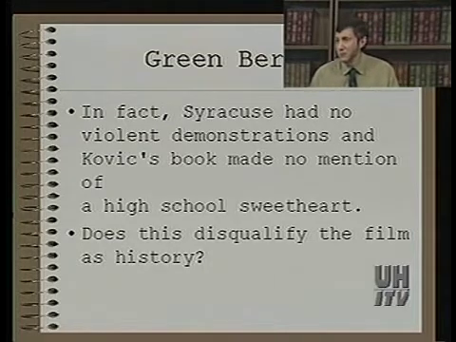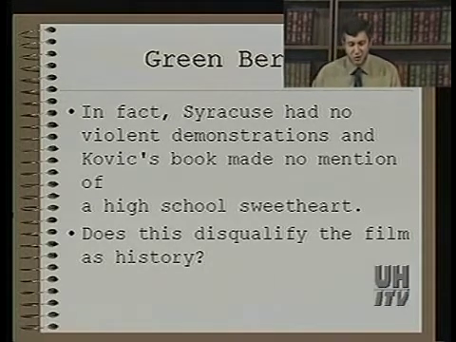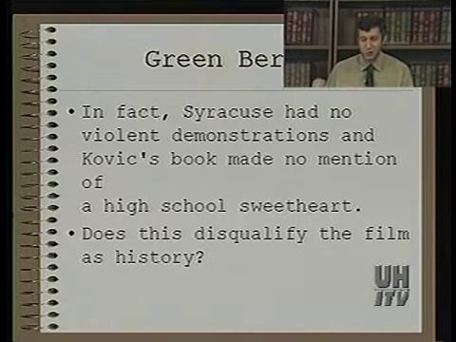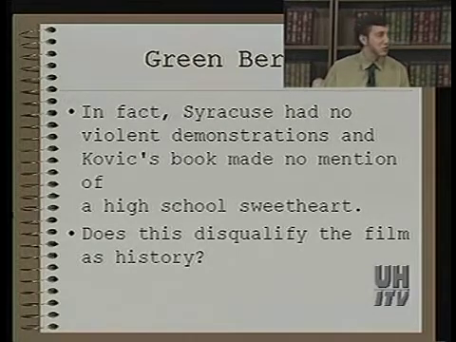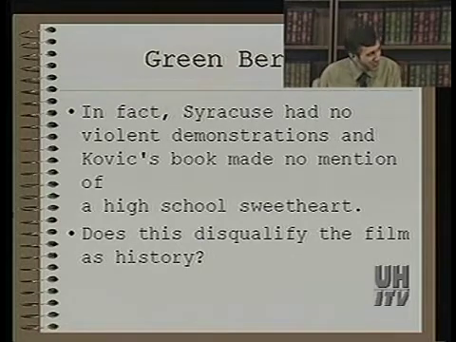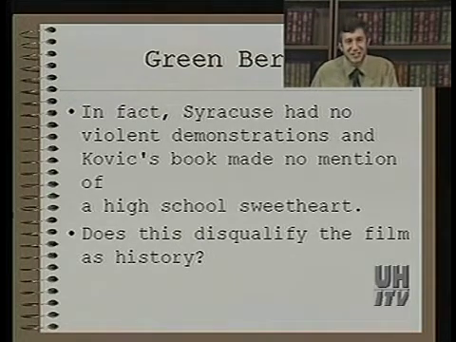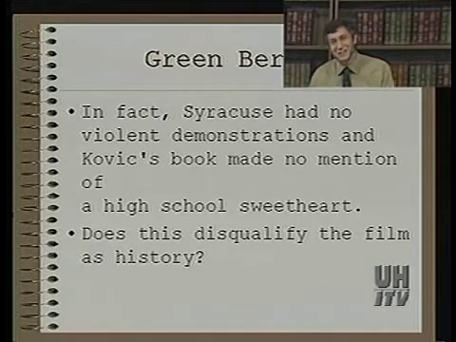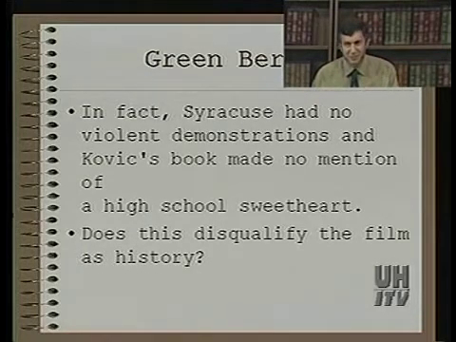In fact, Syracuse had no violent anti-war demonstrations, and Kovic's book makes no mention of a high school sweetheart. So what should we make of this? Does this disqualify the movie as history? What do you think?